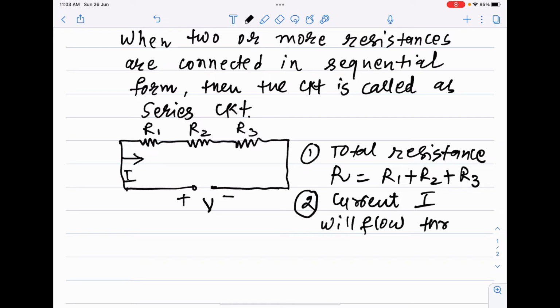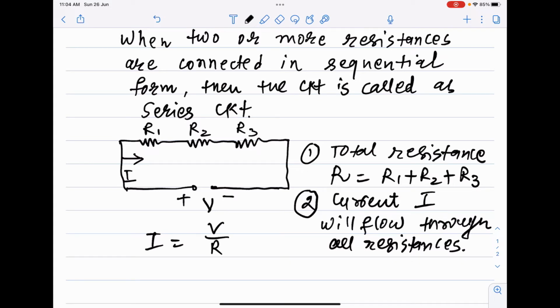The current flowing through the series circuit is the same and it is given by I equals V divided by R, where V is the voltage applied to the circuit and R is the total resistance, where R is equal to R1 plus R2 plus R3.